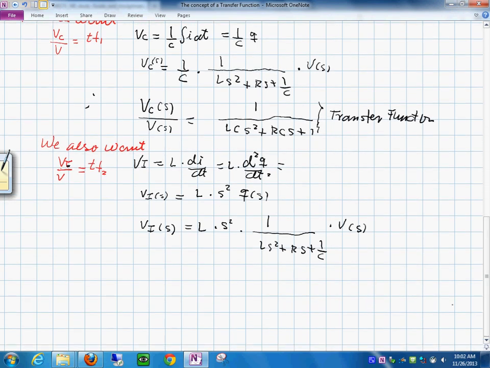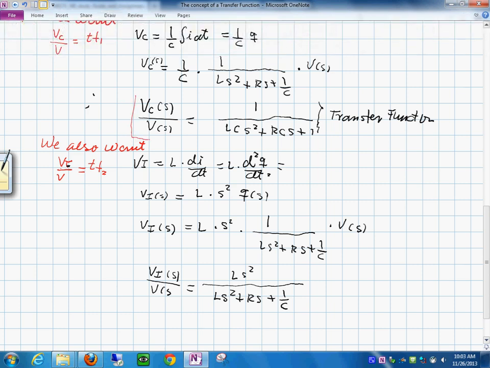So if this is true, you could write that V sub L of s over V of s is a numerator that's L s squared, divided by L s squared plus R s plus 1 over C. Of course, you could bring this down and have it in a different way, but those are the two expressions we were looking for.